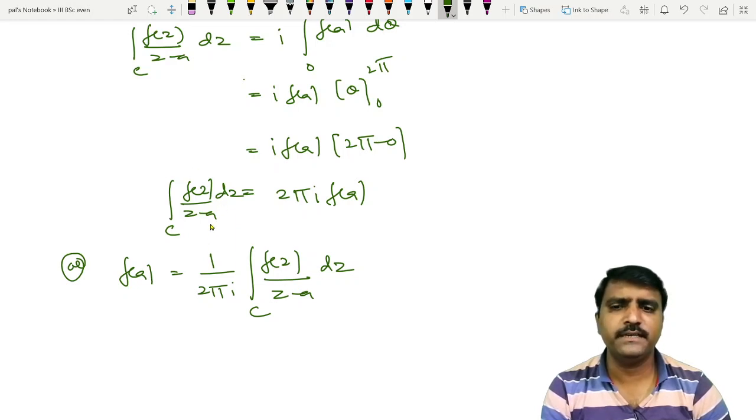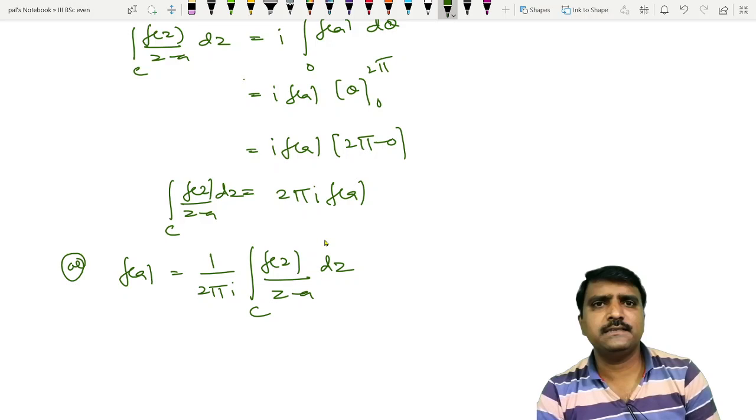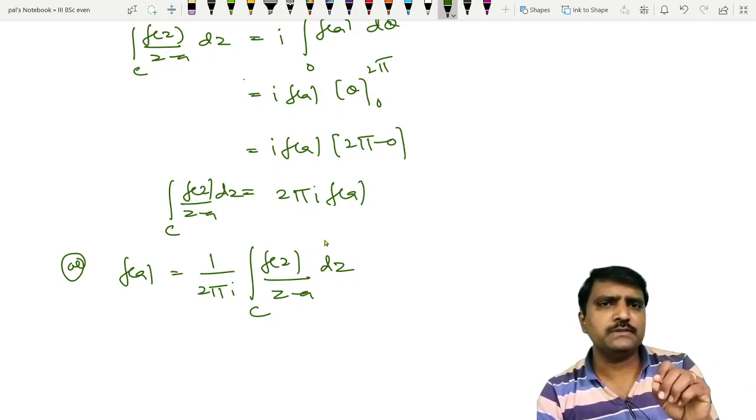So finally we have the integration of f(z)/(z−a) dz over C is equal to 2πi times f(a). What Cauchy's integral theorem says is, if f(z) is an analytic function inside the closed contour C, then the integration of f(z) dz is equal to 0.